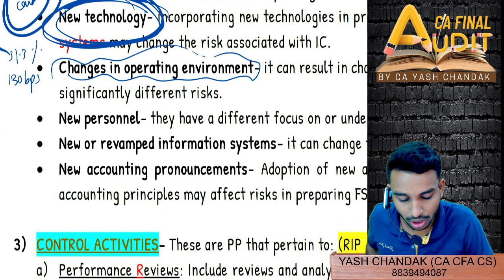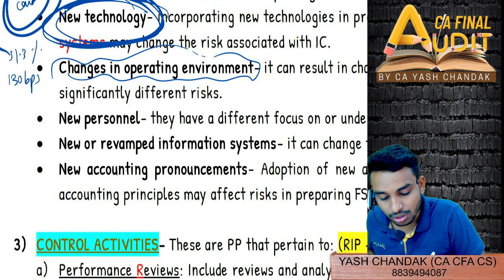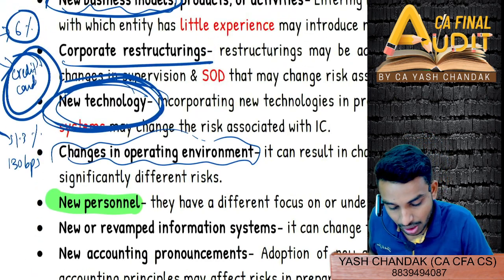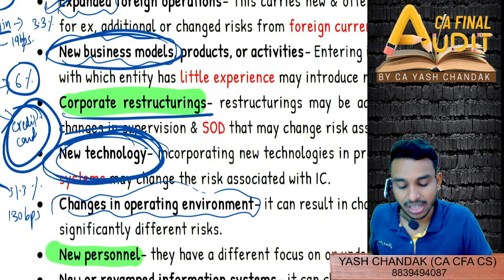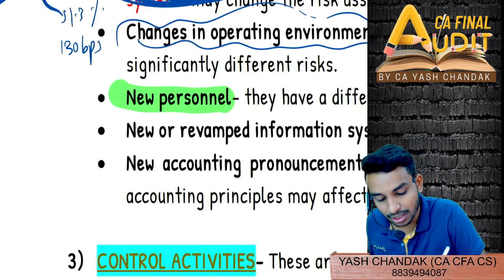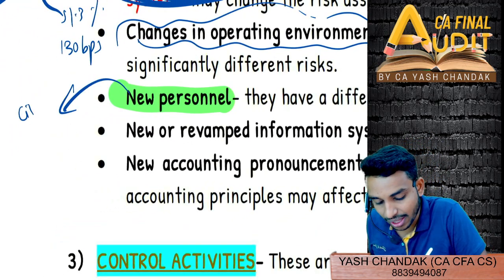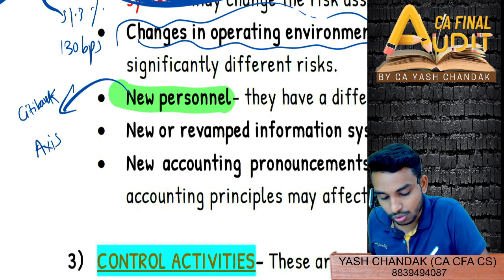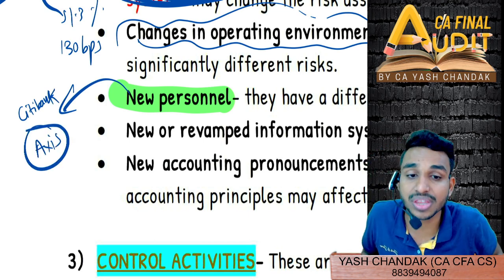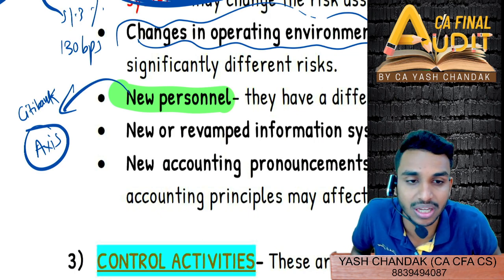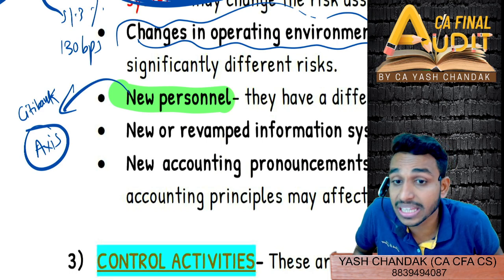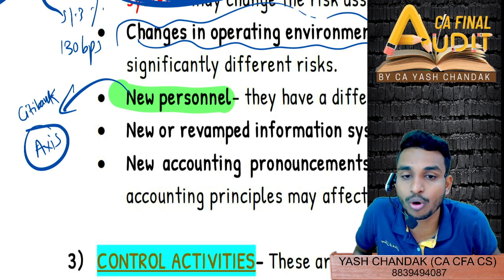New personnel, new or revamped information systems. New personnel could come because of mergers and acquisitions, because of corporate restructuring, right? Let me give you an example. Citibank has been acquired by Axis Bank now. So Citibank has no more retail operations in India. They found it really hard to do retail operations in India, like other MNC banks as well, like JP Morgan, Morgan Stanley, all the banks that you see here in India.